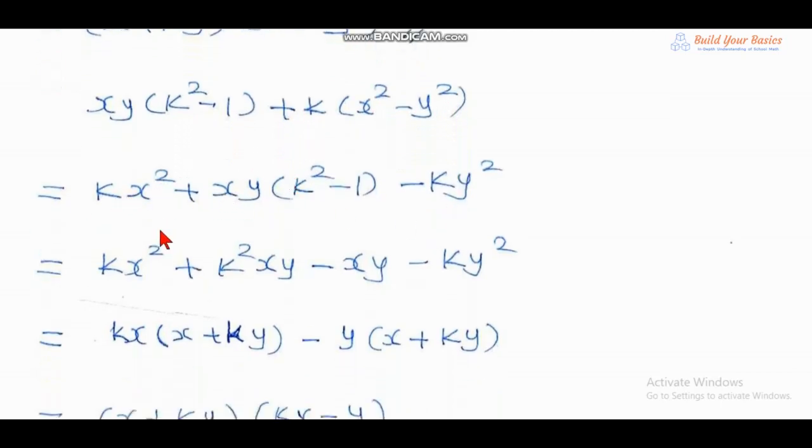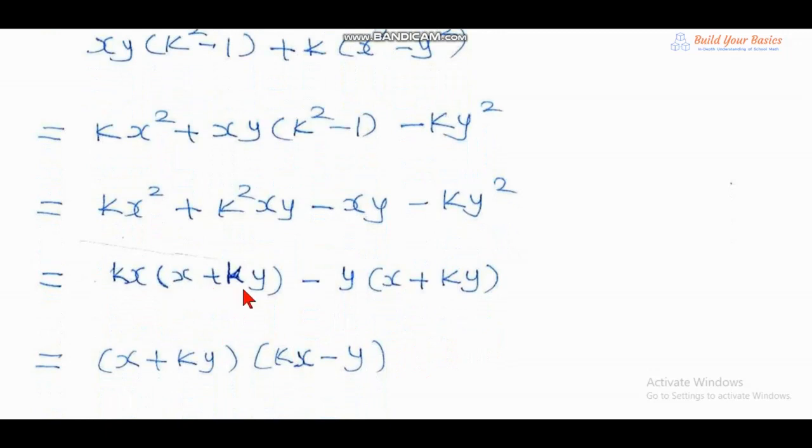Now multiply: kx squared plus k squared xy minus xy minus ky squared. First two terms kx common, so kx into x plus ky. Last two terms minus y common, so minus y into x plus ky. Then x plus ky is taken common: x plus ky into kx minus y.